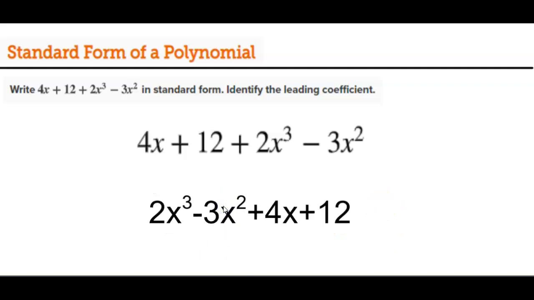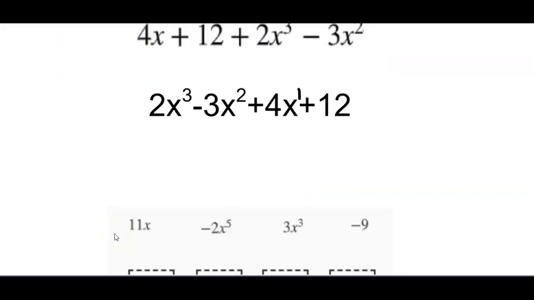We do need to rewrite them as the x to the third power is first, and then the x squared, and then the x, and then the constant of 12. So this is just writing it in standard form, is just reordering it so these exponents are decreasing as we go. And just kind of a reminder, this 4x, this is technically a 1 in the exponent. We just don't write the 1 in the exponent.